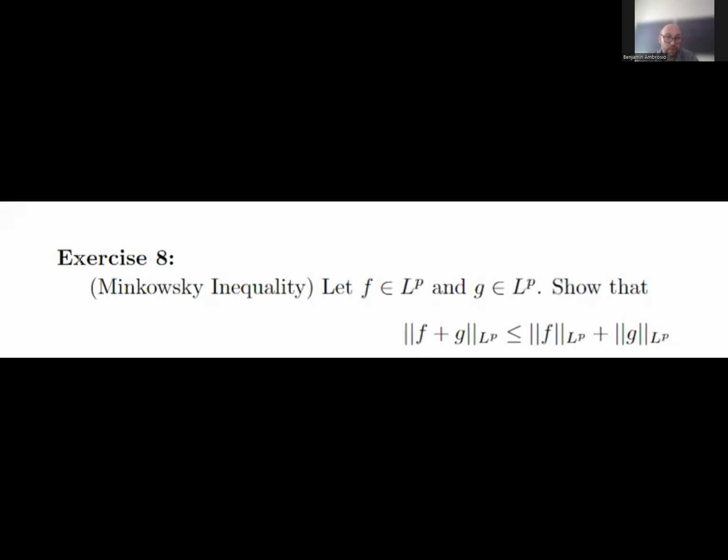So next we move on with exercise 8, which is about Minkowski inequality. It's the key tool to prove that the formula with the integral is a norm in LP. Minkowski inequality deals with the property of subadditivity for this norm.